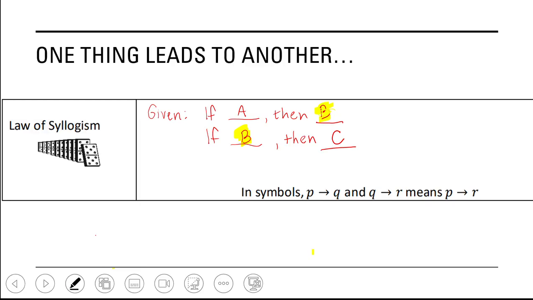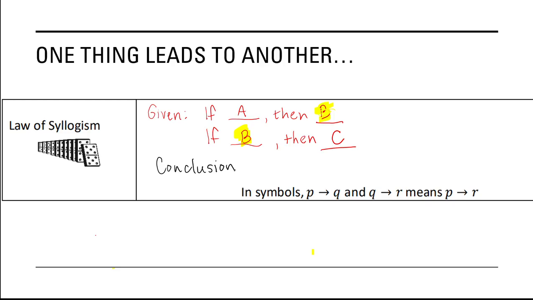The conclusion you can make given that information is you can skip the middle part and jump right from the beginning to the end. You knocked over the first domino and it knocked over some other dominoes, but what happened in the end is that the last domino fell over. So your conclusion is also an if-then statement, but we skip over the middle part.